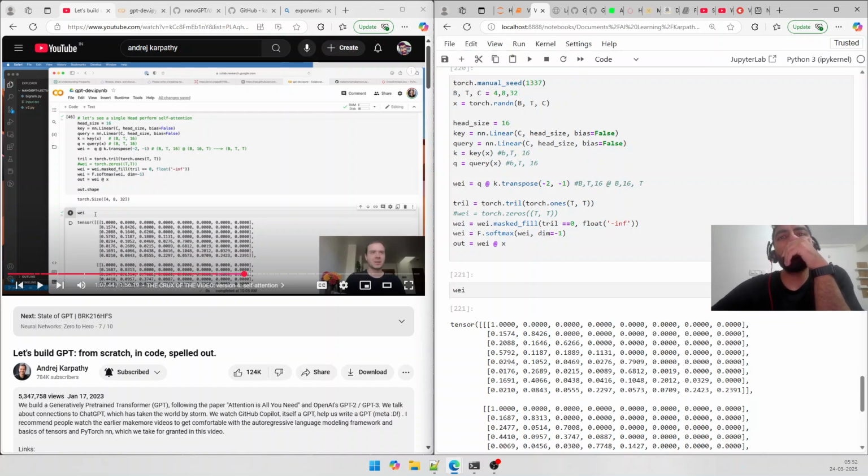So if we have seen one example, it shows its affinity with itself. If we have seen two examples here, this is the affinity with itself, this is the affinity with the one before. Same way, same way, same way.